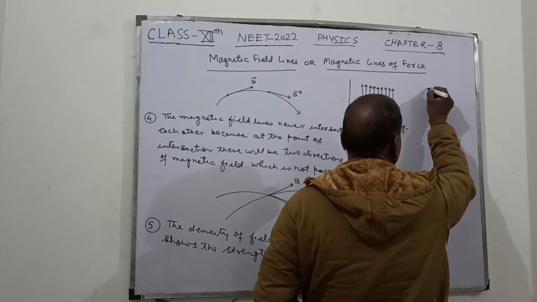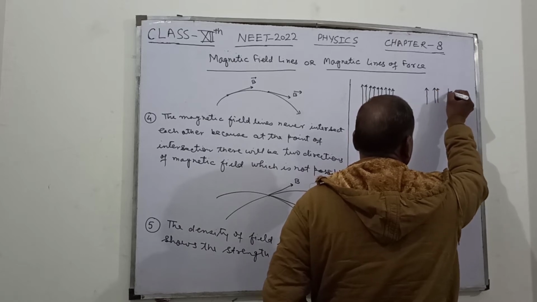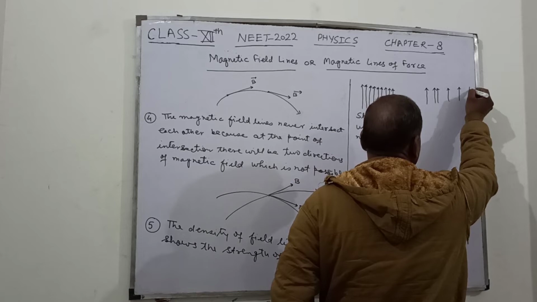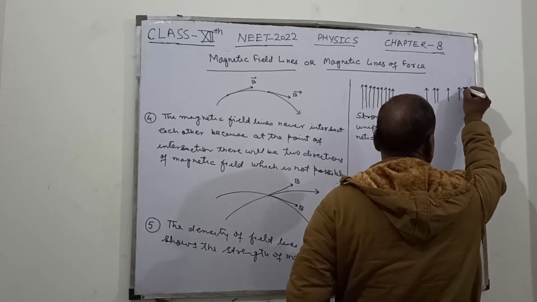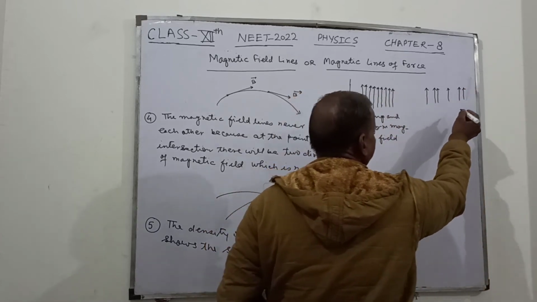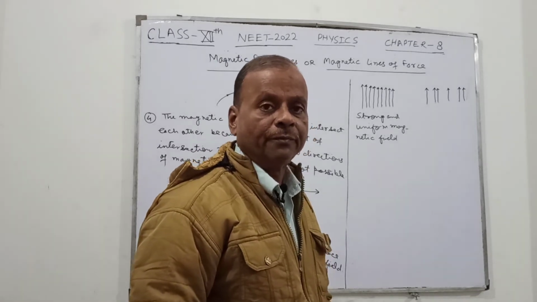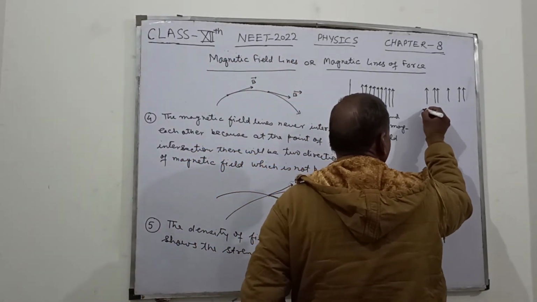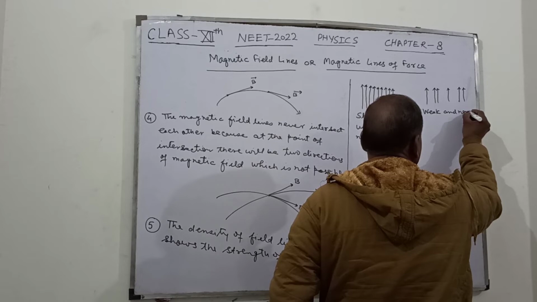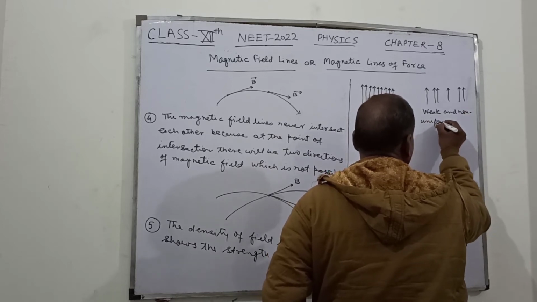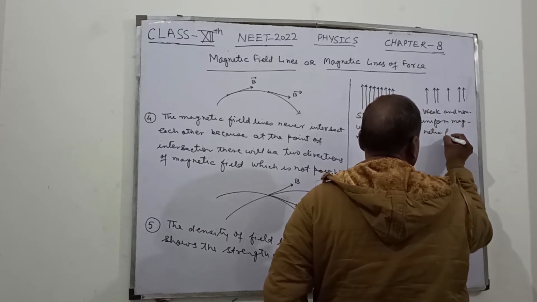If we are having the lines like this one, in this way, suppose this line is like this, then this shows the weak and non-uniform magnetic field.